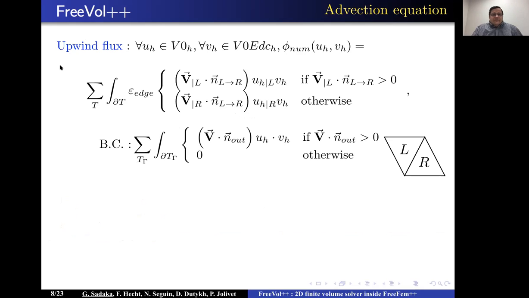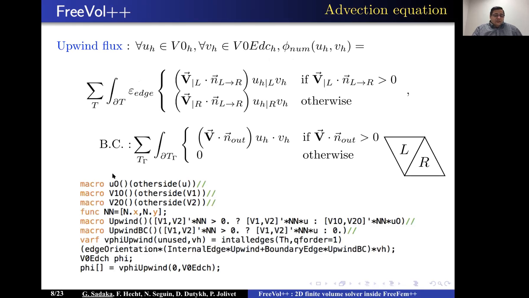For the upwind flux, we have UH in P0 and VH in P0 DC. We have in finite volume this formulation for the upwind flux, where we have V scalar N on the left triangle and V scalar R on the right triangle, if V scalar N is positive, and the boundary condition, for example, this like Neumann, V scalar N UH VH.